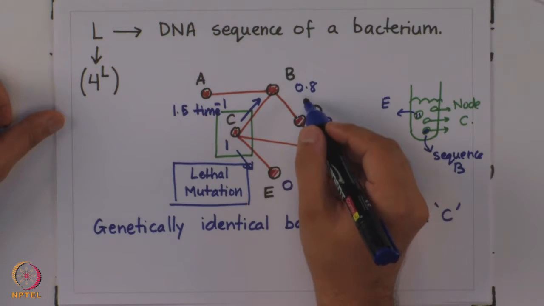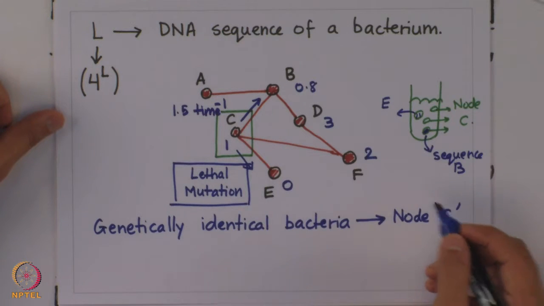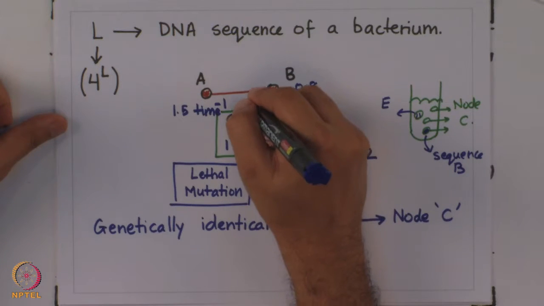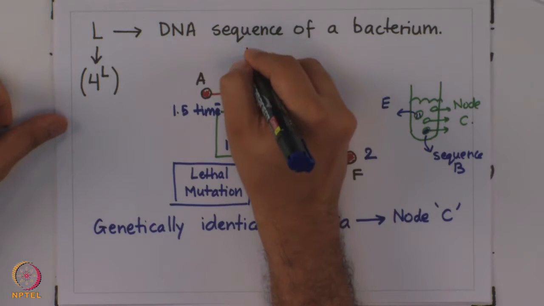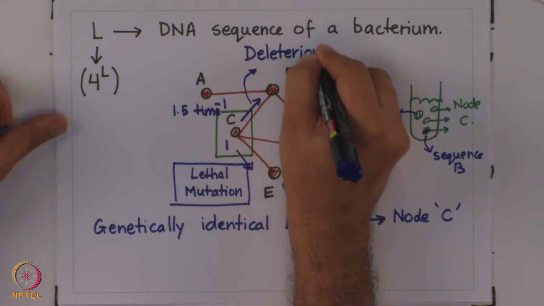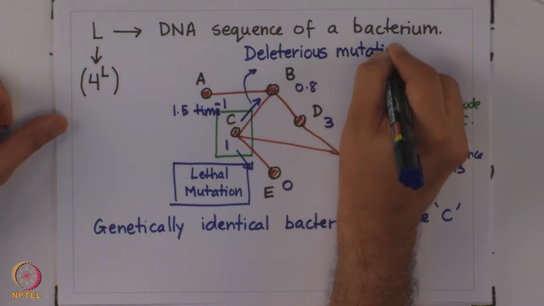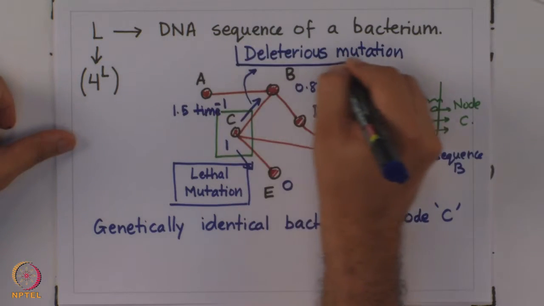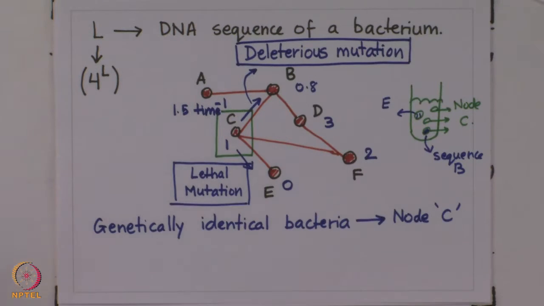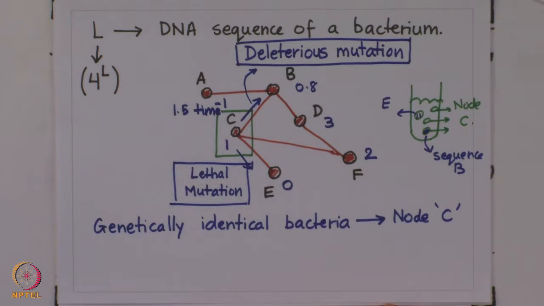So the growth rate or fitness of this bacterium is less than the parent genotype it came from, and when there has been a decrease in fitness or growth rate, this mutation is said to be a deleterious mutation. So, you could have a lethal mutation, you could have a deleterious mutation.